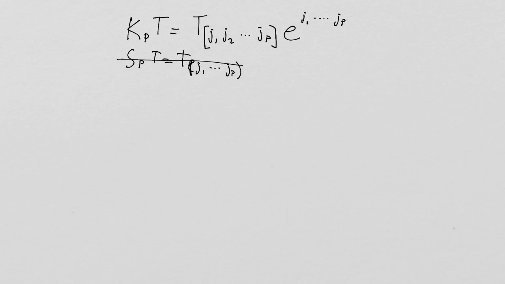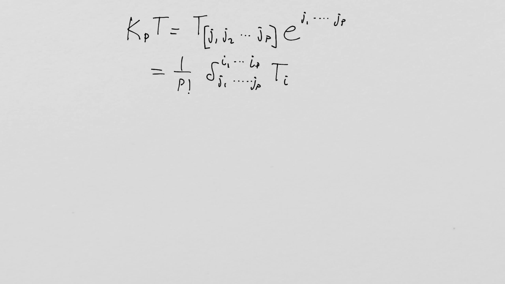But to calculate this component, we have a formula, and that formula, as you might expect, is more complicated than for the symmetric one. But it has to do with the generalized Kronecker delta function, I1 to IP, J1 to JP, of T, I1 to IP, and then the final component is E J1 to JP.